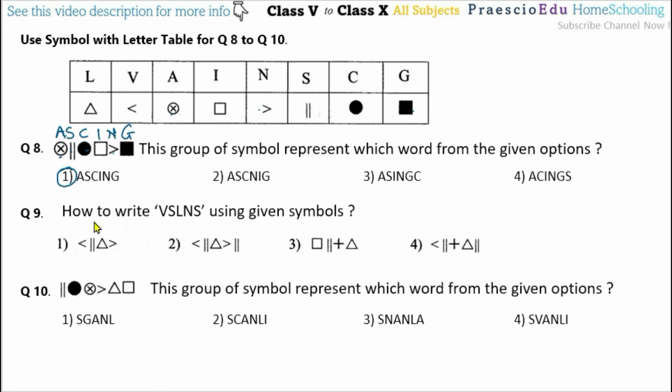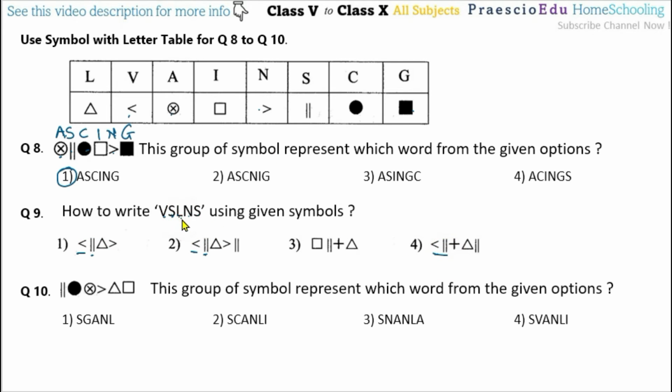Now question number 9. How to write V, S, L, N and S using the given symbols? V means this one, so this symbol is given in option number 1 and 4, and 2 also. Then S means these two lines, here and here also.